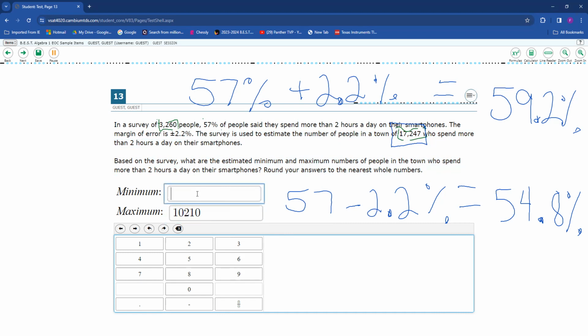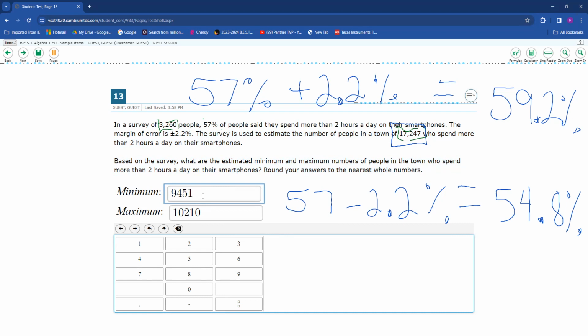Okay, now the minimum is going to be 17,247 times 54.8%, which is 0.548, equals, rounded to the whole number, 9,451.